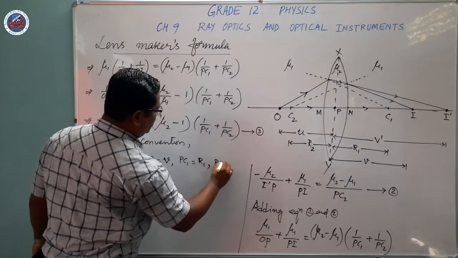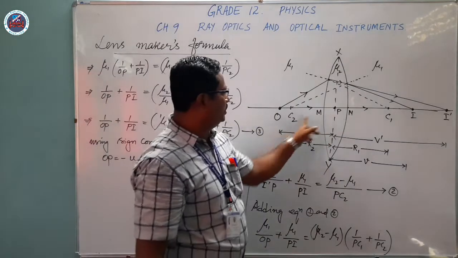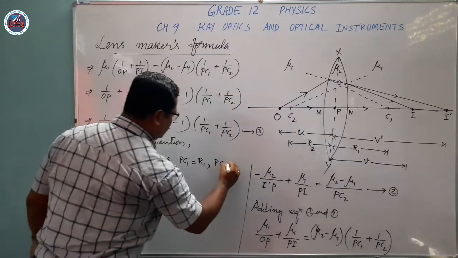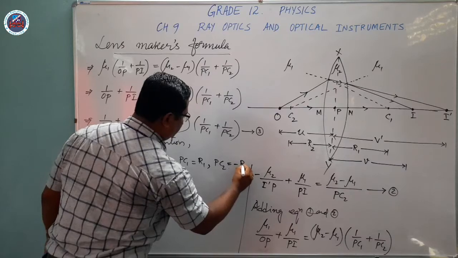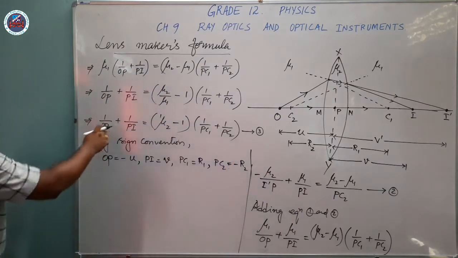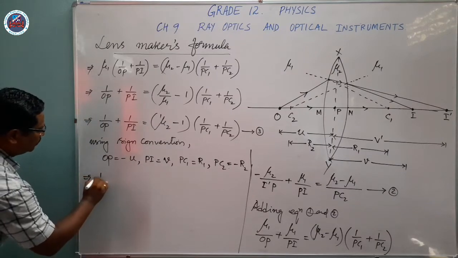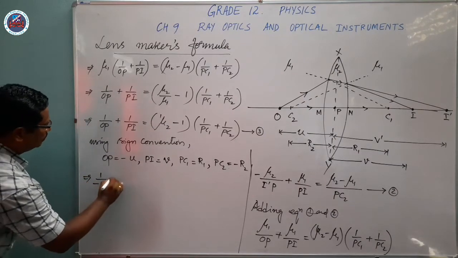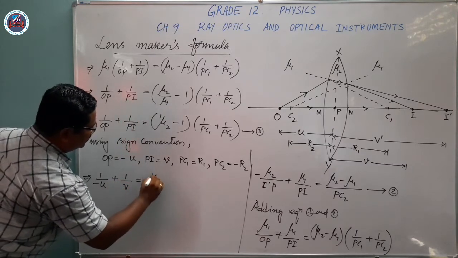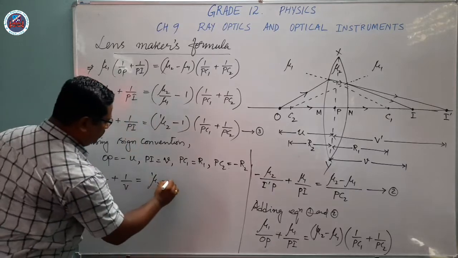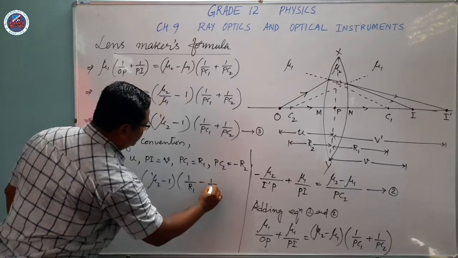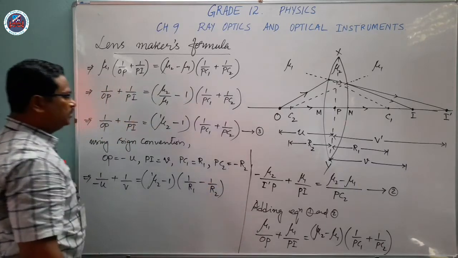And PC2, from P to C2 it is towards our left hand side, so R2 will be negative, minus R2. Using these sign conventions, if you put it here, 1 by minus U plus 1 by V is equal to refractive index of second with respect to first, 1 by R1 minus 1 by R2. Like this you will get it.